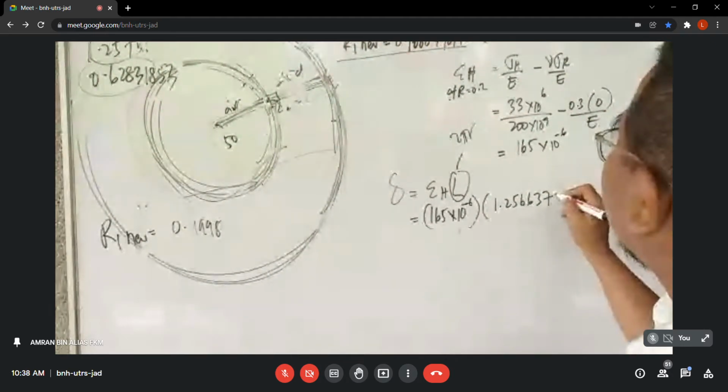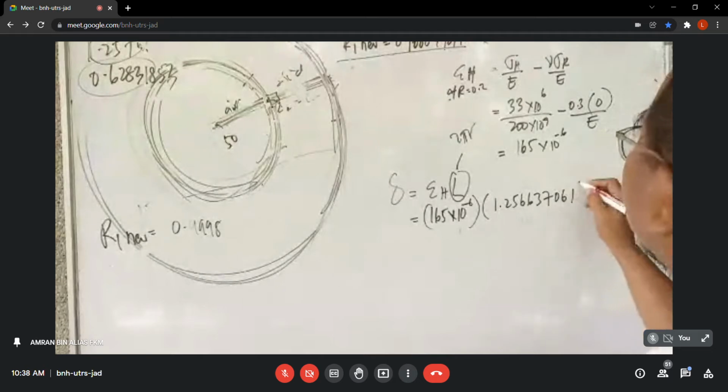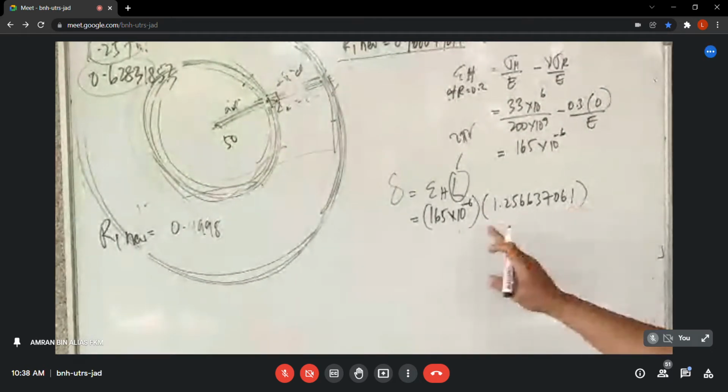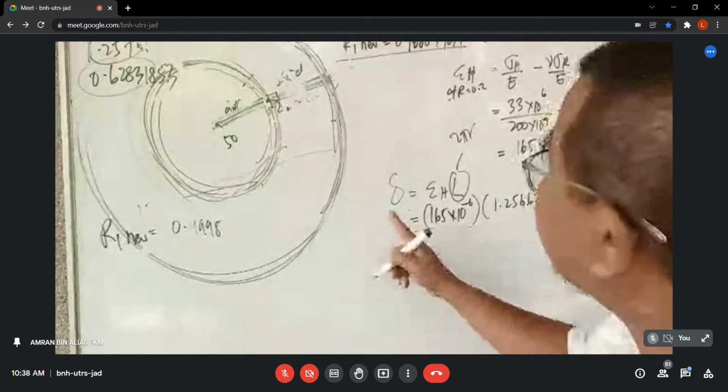1.256637061. Okay, so that's meter, times this one, you get the change in the length.